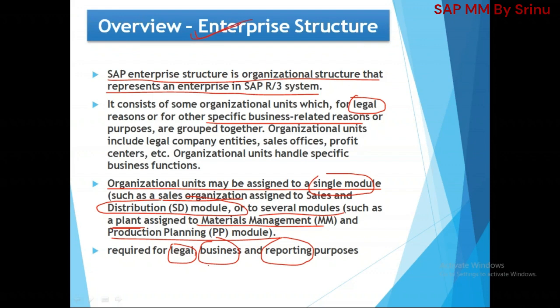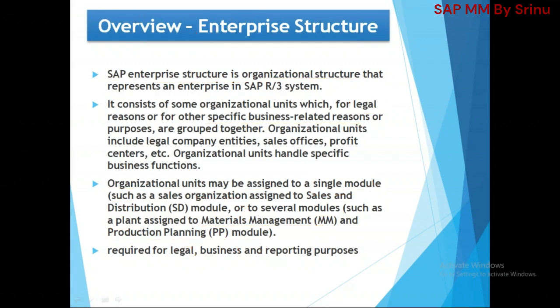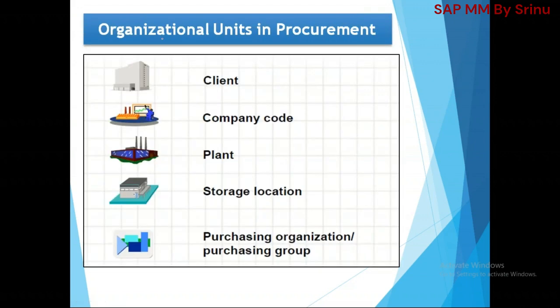The first basic step in any SAP implementation is designing your enterprise structure properly in the system. From the procurement point of view, for the MM module, the organizational units are: client, company code, plant, storage location, purchasing organization, and purchasing group.